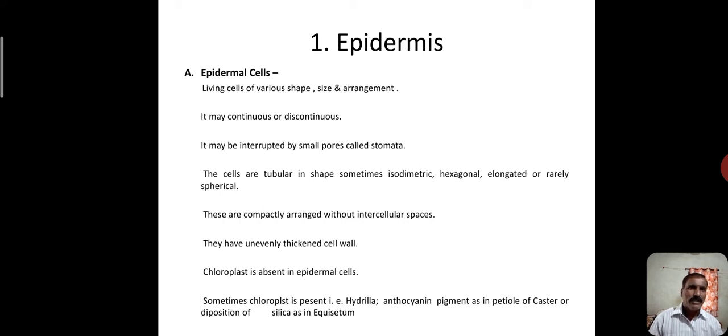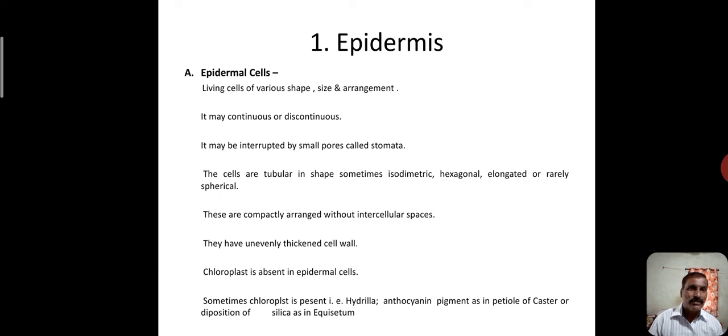The epidermal cells are living cells of various shapes, sizes and arrangements. The layer may be continuous or discontinuous. That means they show a continuous layer, or sometimes it is discontinuous due to the presence of different types of outgrowths or openings, that is the stomata. It may be interrupted by small pores called stomata.